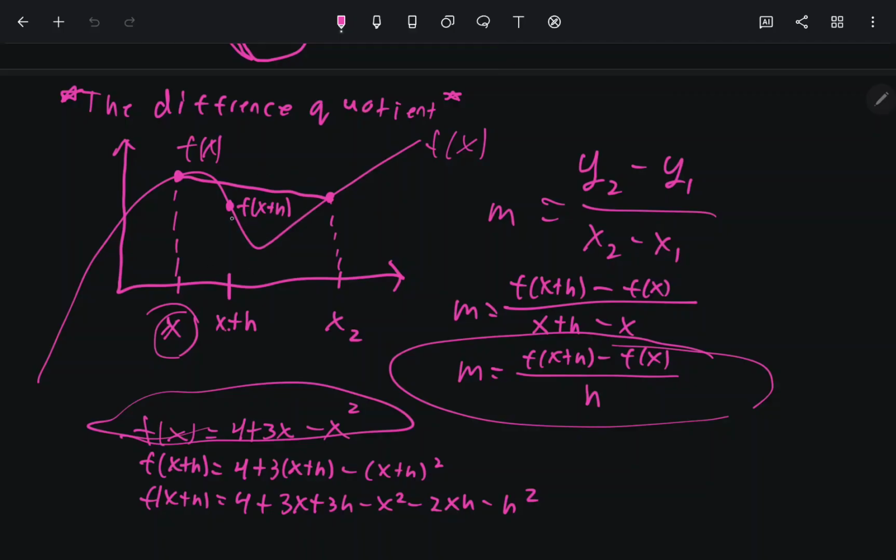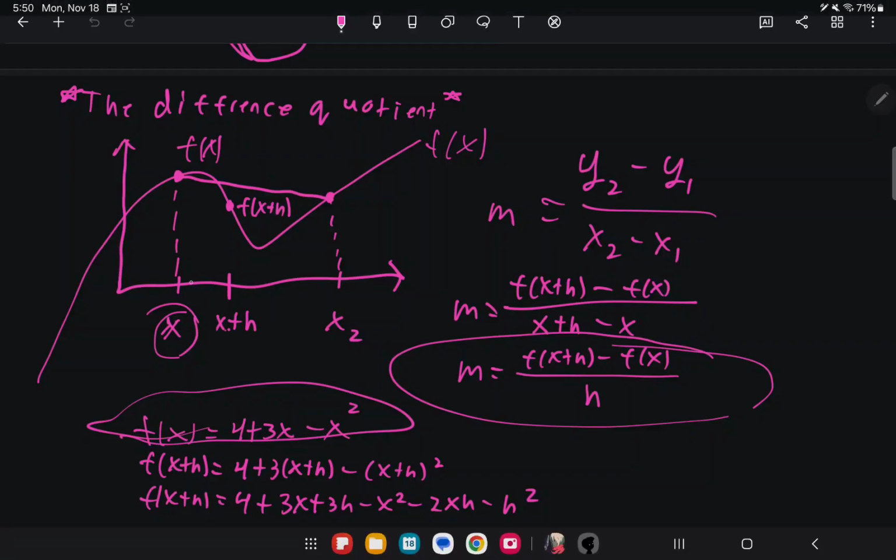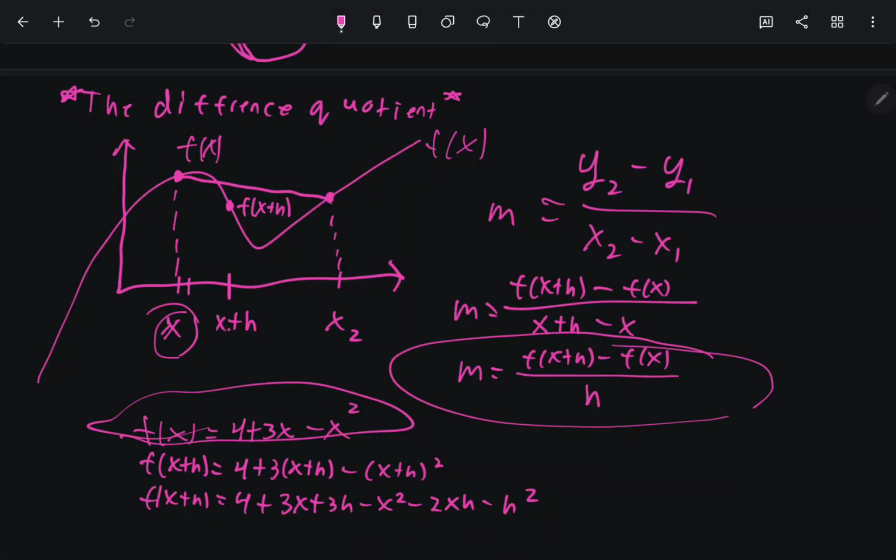And in fact, you're going to get a closer and closer approximation for the slope of maybe a tangent line for f of x as you bring that h closer to 0.